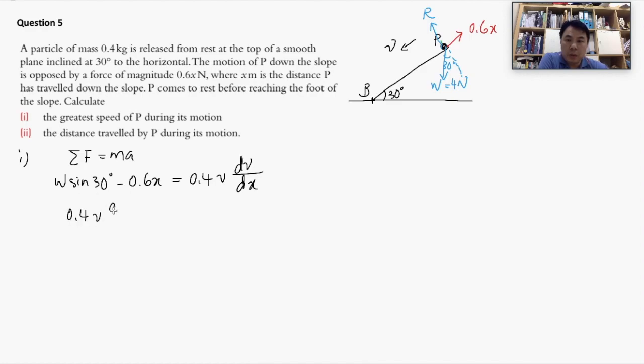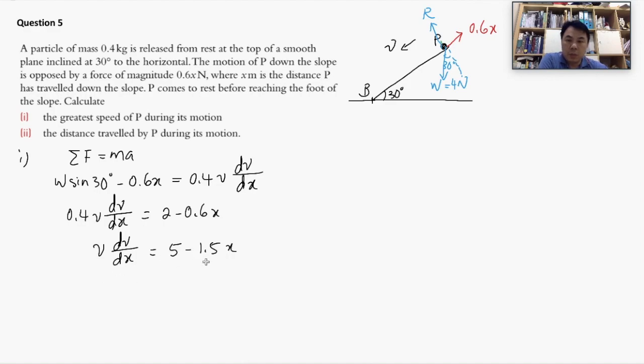Therefore we have v dv/dx equal to 2 minus 0.6x. From here we can rewrite this as v dv/dx equal to 5 minus 1.5x.